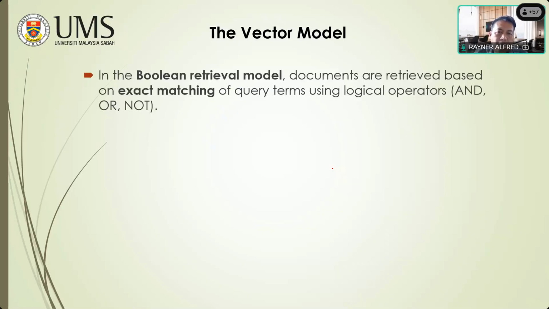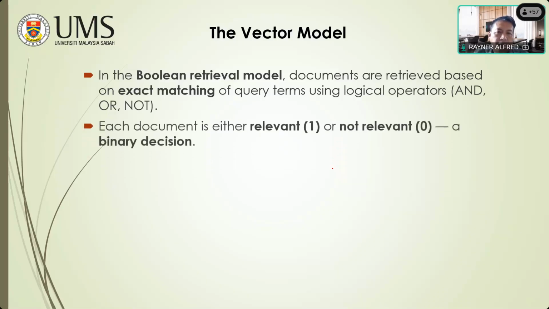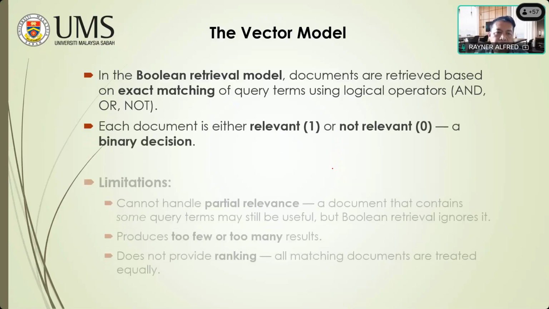We want the vector model because it allows us to perform partial matching, depending on percentage. For the Boolean model, it is either relevant or not relevant, 1 or 0, full matching or not matching.